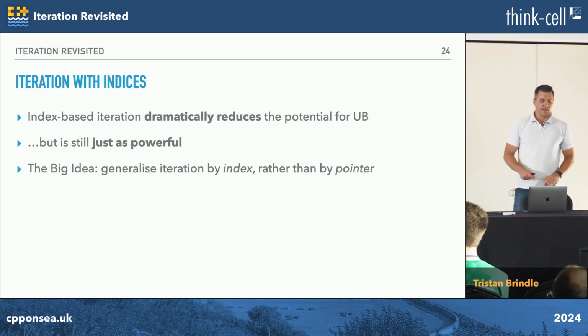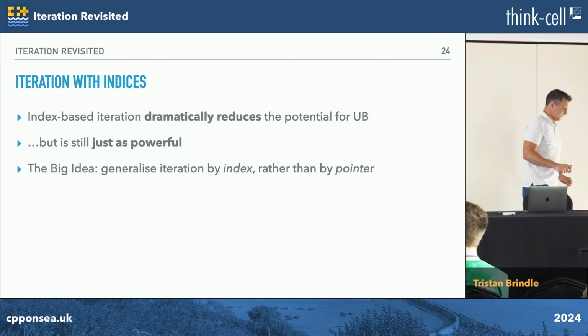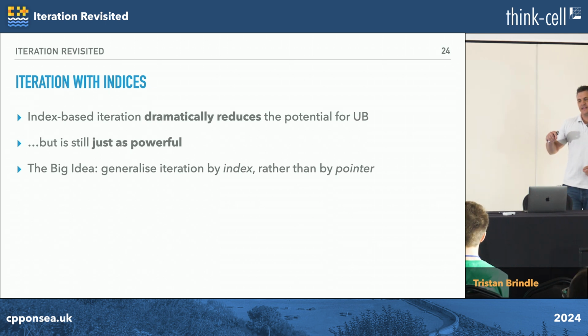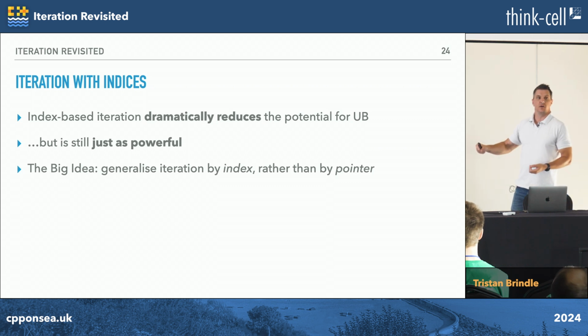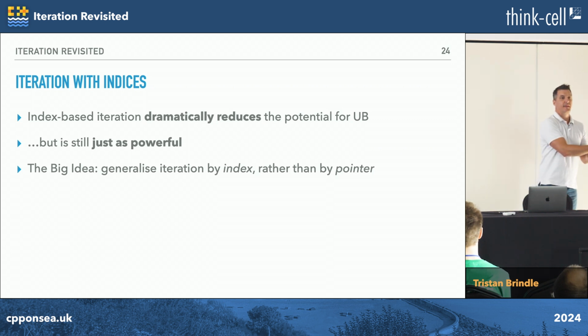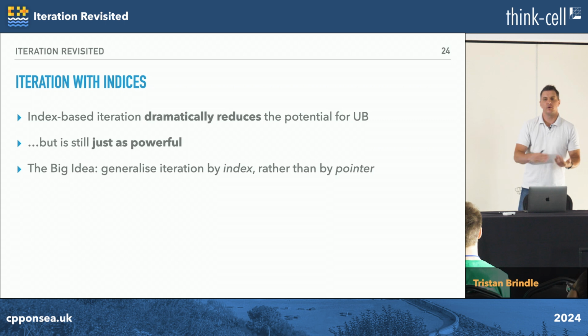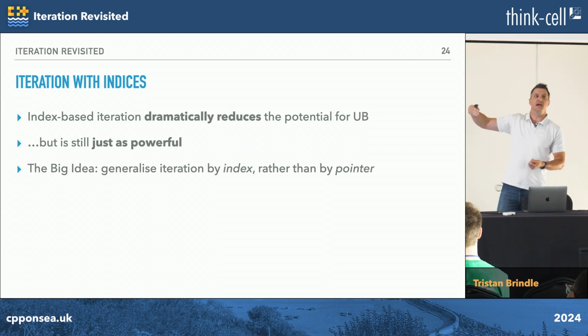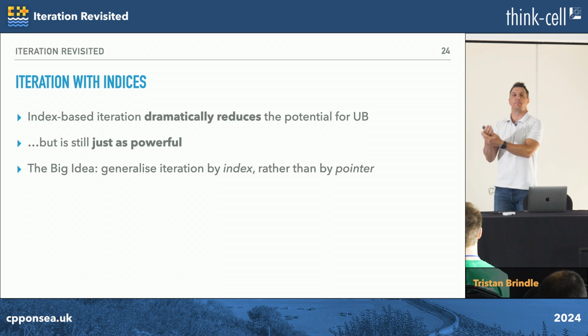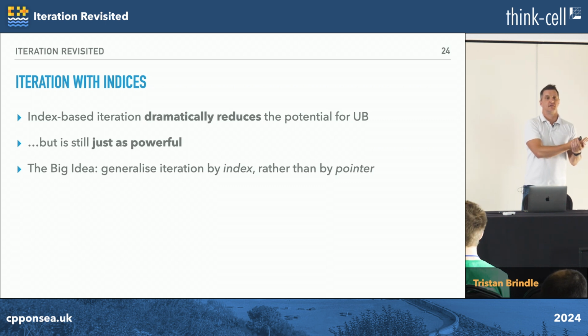So here's the big idea. What if, instead of doing what the STL does, which is to start with the idea of iteration by pointer and generalizing backwards from there to weaker iteration categories, what if we started with the idea of index-based iteration and worked backwards from there instead?